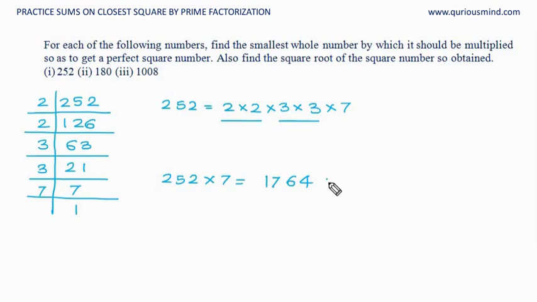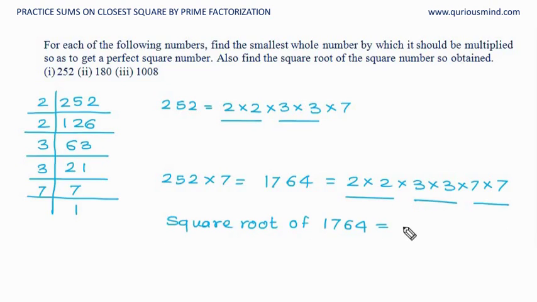The factors of 1764 are all the factors of 252 and one additional 7. If I look at the pairs and take one only from each pair, that is 42. Square root is 42.